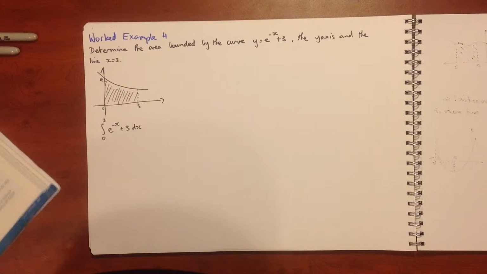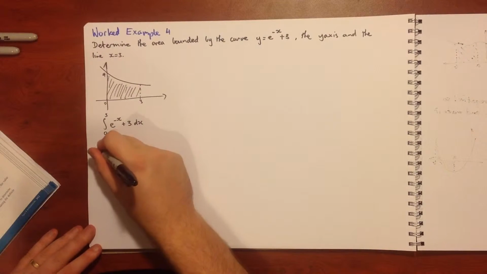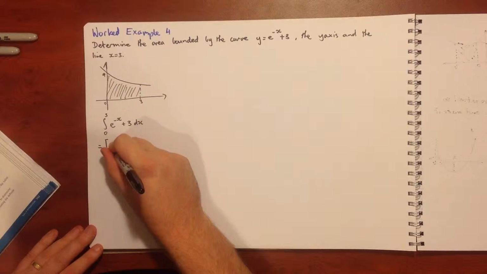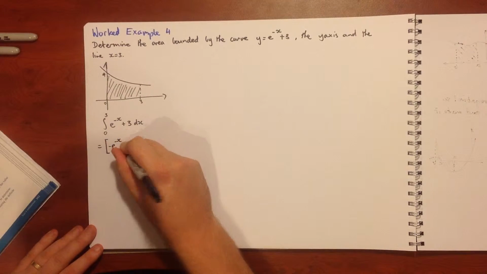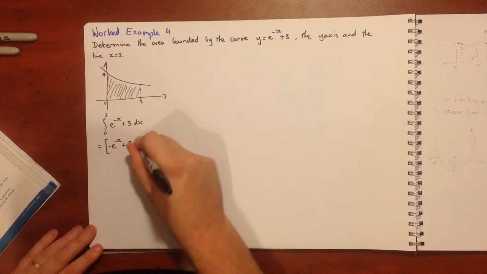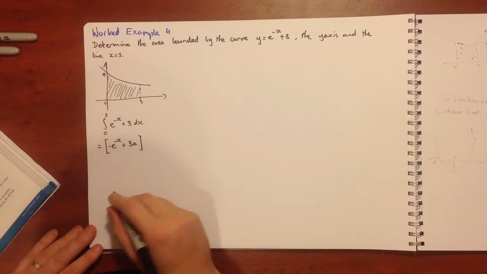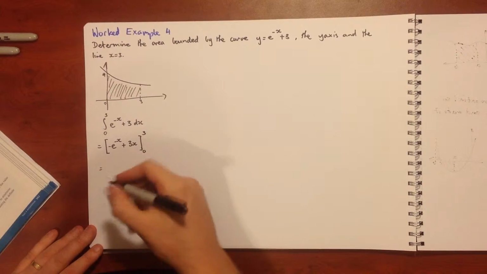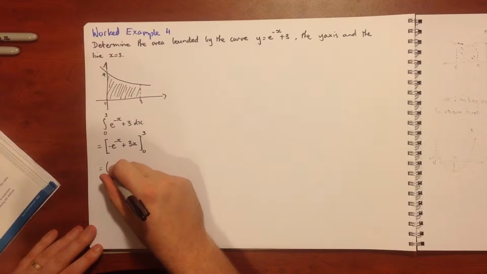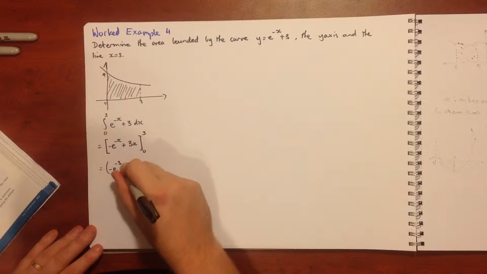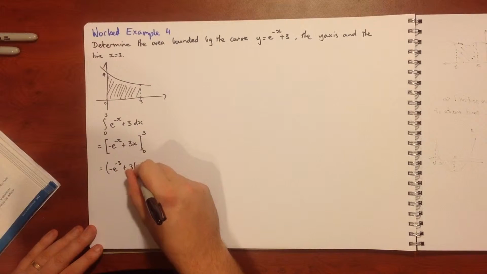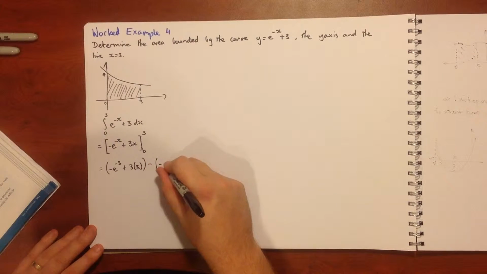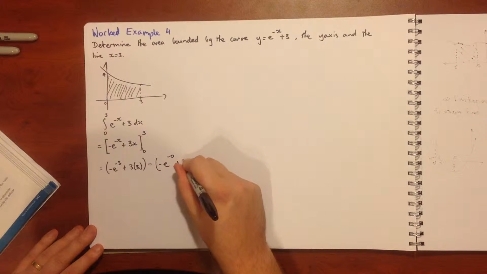When we do that, we do square brackets. The integral of e to the negative x is negative e to the negative x. The integral of 3 is 3x. We close our square brackets and put in 0 to 3. Now we sub in our 3. We want brackets around all this, so we'll have negative e to the negative 3 plus 3 times 3, close our brackets, take away negative e to the negative 0 plus 3 times 0.